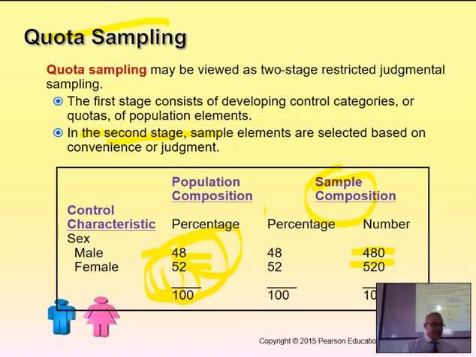Convenience is because it's the right place at the right time. Maybe you go to the right place at the right time, and then you look at someone: okay, I want this guy, or I don't want this guy. So you have a judgment. As you deem, you make a judgment.